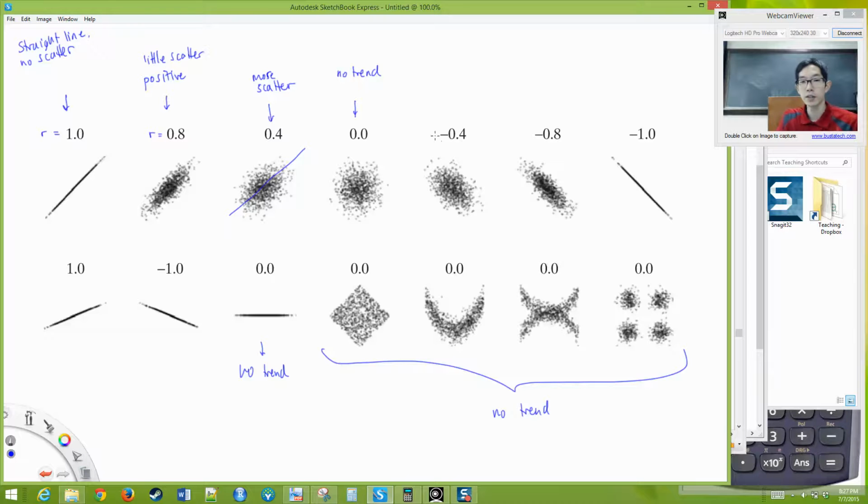And all of these are negative trend, negative association. And this is lots of scatter, less scatter, no scatter.